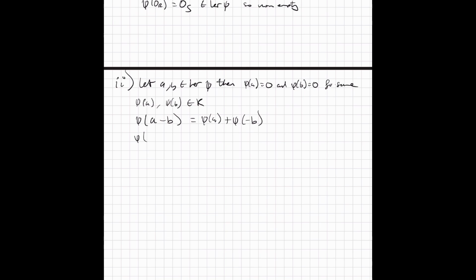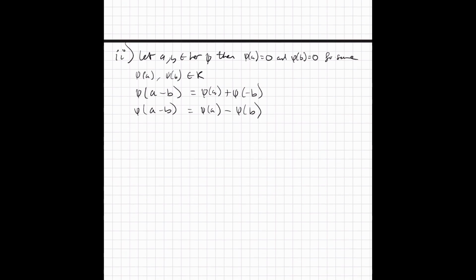Okay, and then using part B from exercise 11, I know that psi of minus B is the same as minus psi B. And then using my first line, I know that psi A and psi B are both 0.